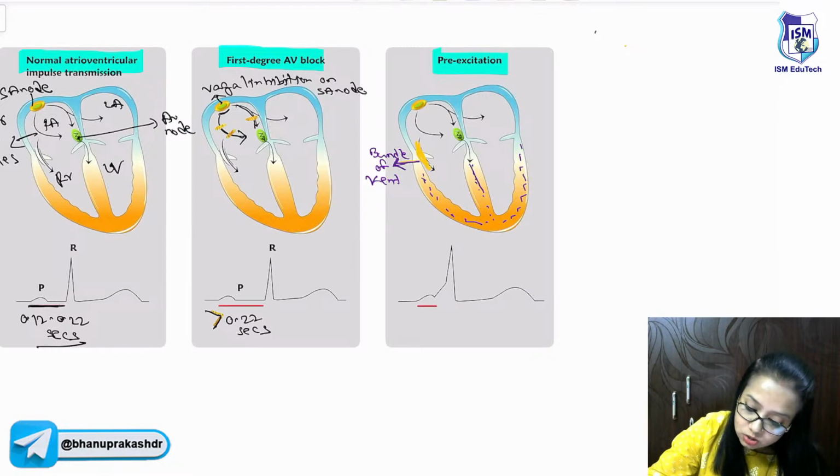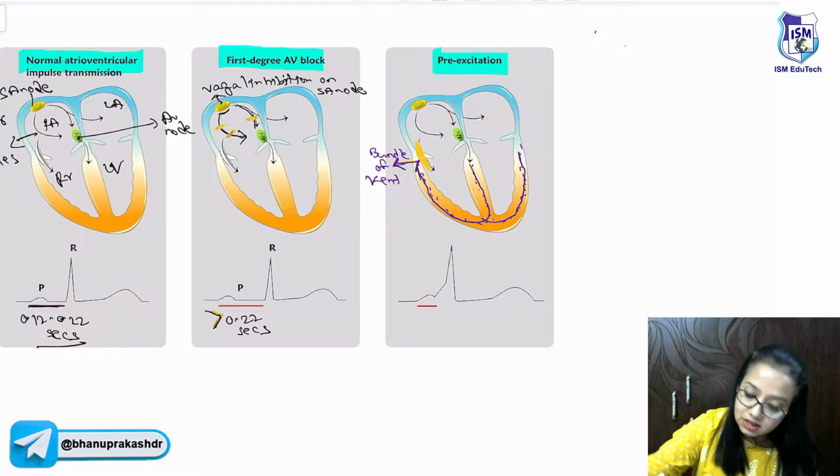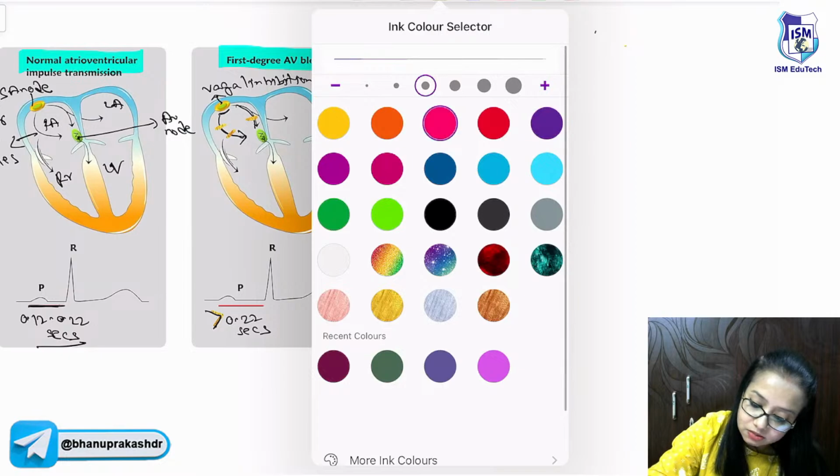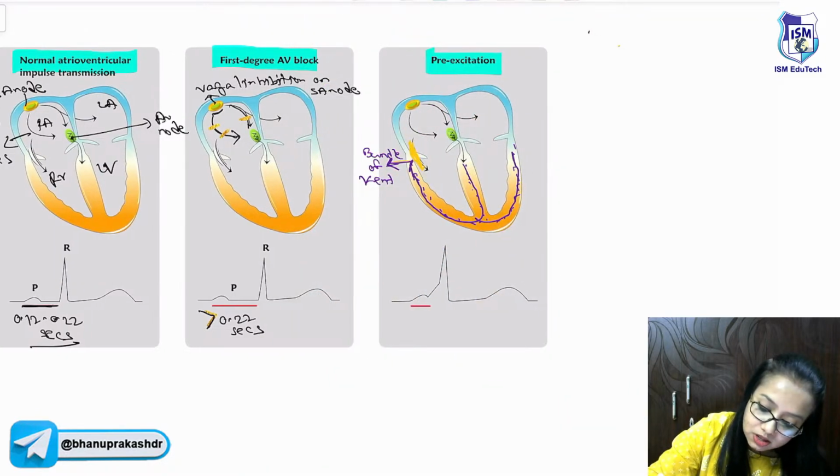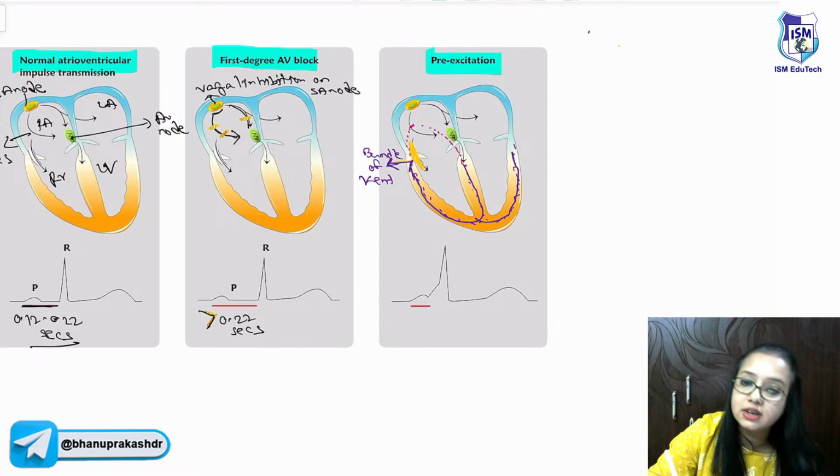But as soon as this impulse reaches this bundle of Kent, instead of going into repolarization, it will again pass through this conducting region and again enter the ventricle.